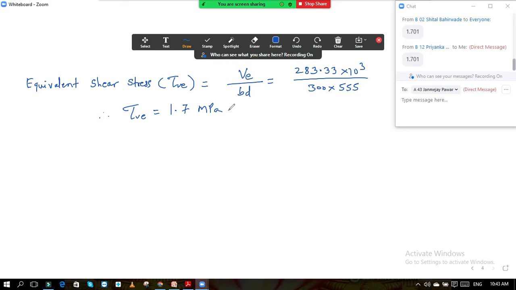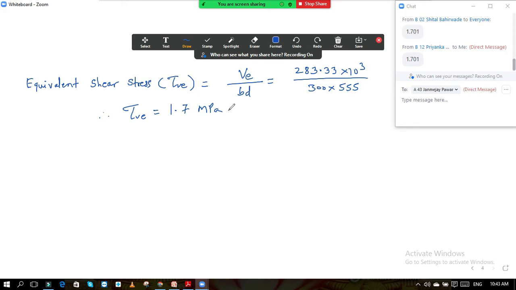Mostly in beams and columns, stirrups are 100% required, and in slabs stirrups are not required because most of the time slabs are safe in shear. Even if some slab fails in shear while designing, we normally increase the depth of the slab, but we don't provide stirrups in the slab. But we always provide stirrups in beams and columns.